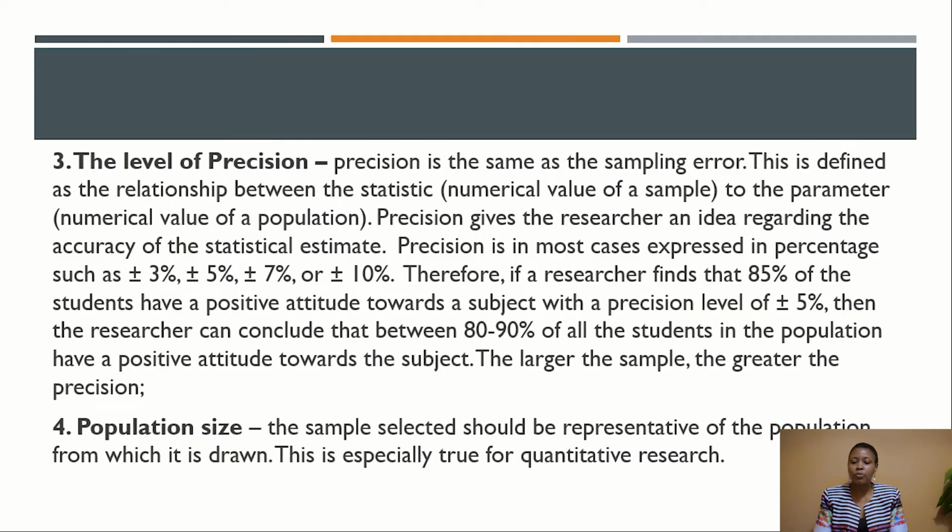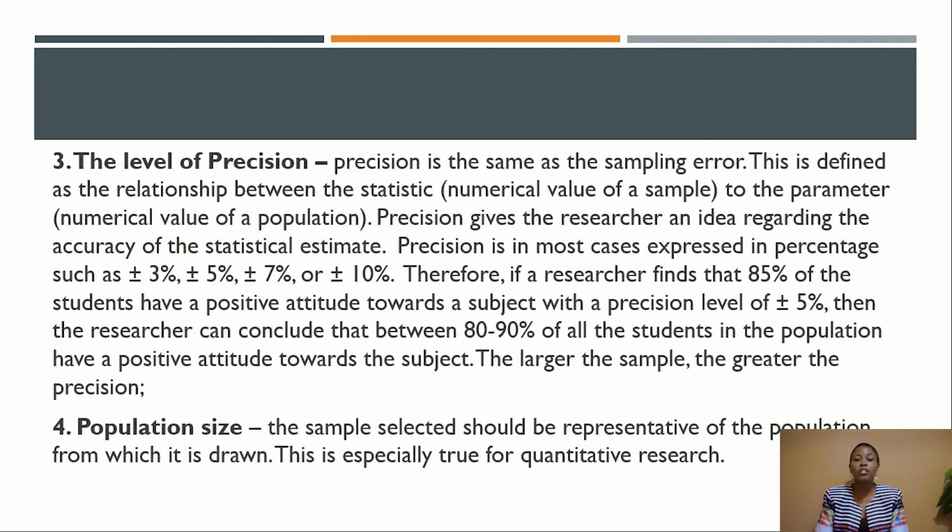We are making an assumption that if a researcher was conducting a study on attitude of students towards a particular subject, and he finds that 85% of the students have a positive attitude towards that subject with a precision level of plus or minus 5%, then the conclusion the researcher is making is based on 85 minus 5 and 85 plus 5. The larger the sample, the greater the precision.